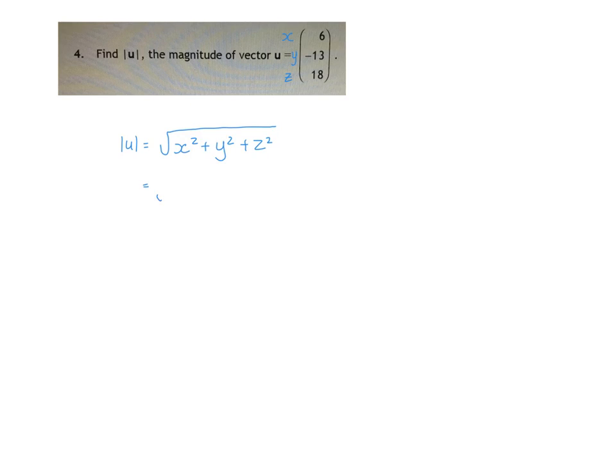So we have the square root of 6 squared plus minus 13 squared. It's important to put this in brackets because minus 13 squared is not the same as subtracting 13 squared, plus 18 squared. So that can go straight into our calculators, or we can work it out first.